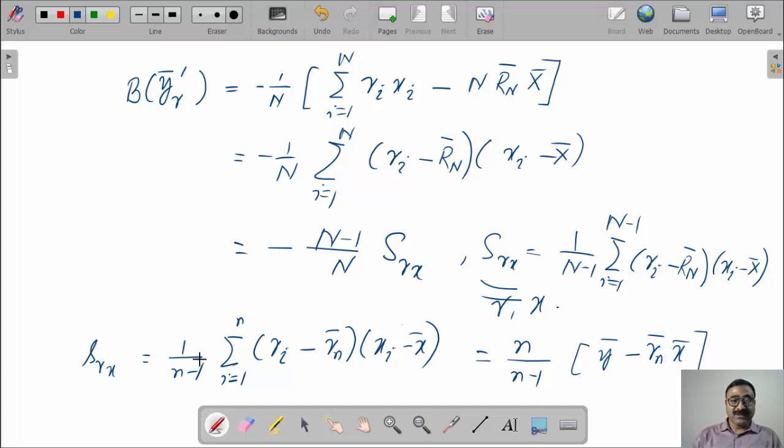So that the expectation of s_rx equal to S_RX. So we can find an unbiased estimator of this S_RX as s_rx.